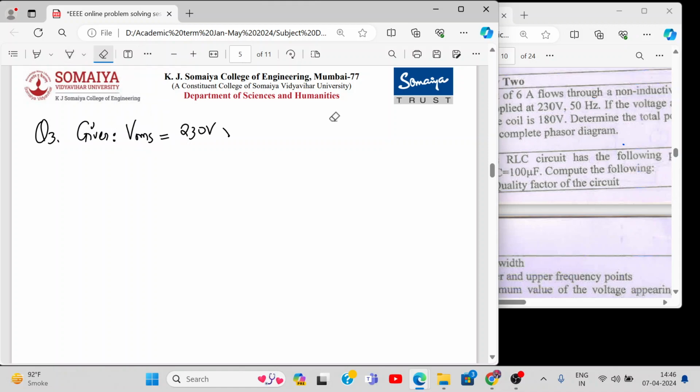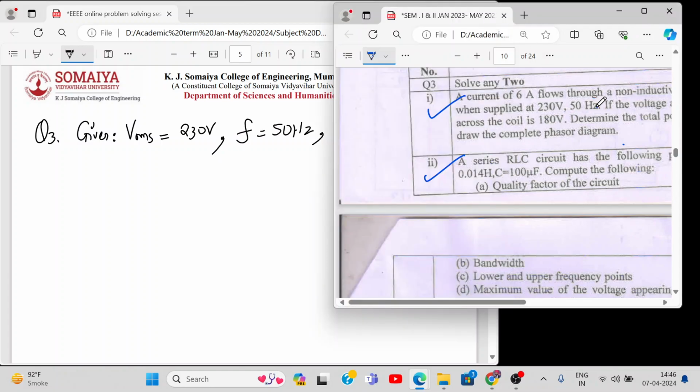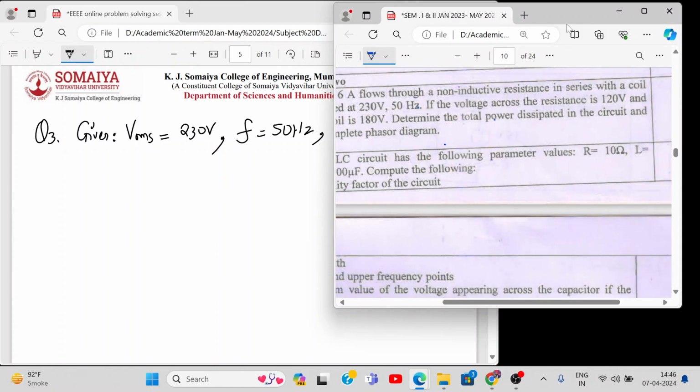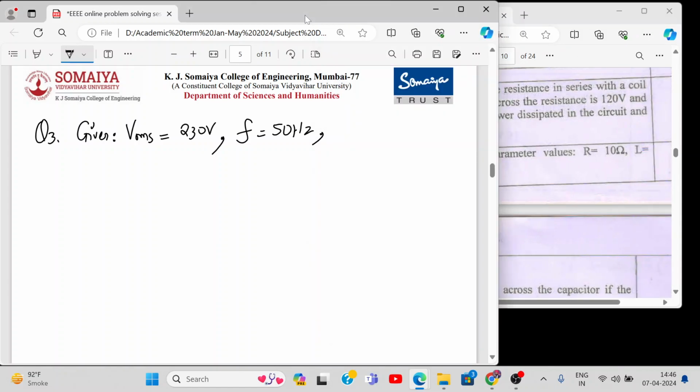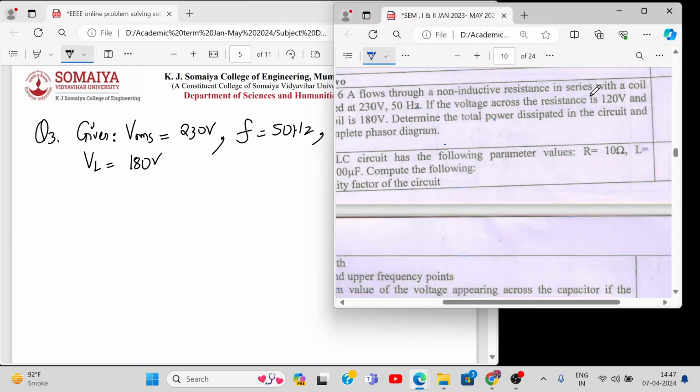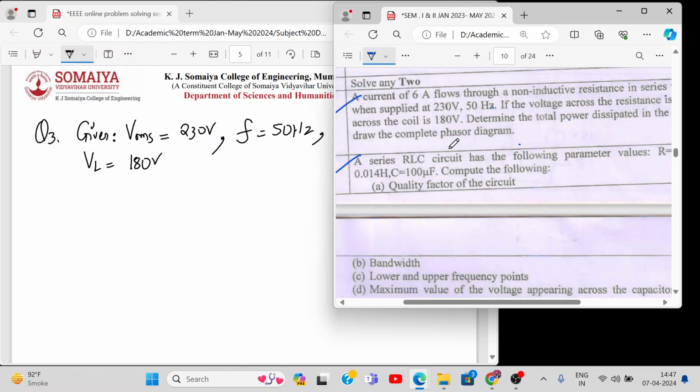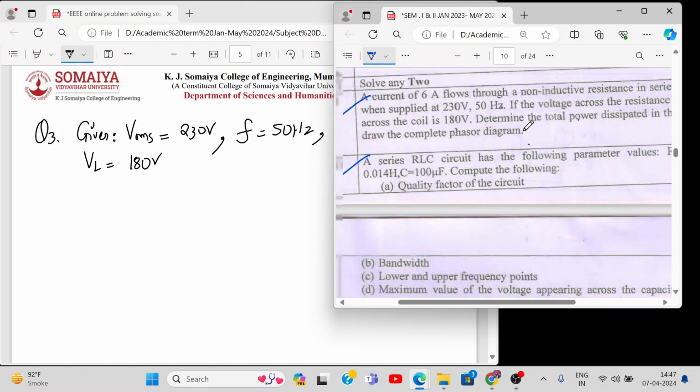Please write down the data: 230 volts, frequency is 50 hertz. The voltage across the resistance is 120, and the voltage across the inductance is 180. That is what is given. Determine the total power dissipated in the circuit.